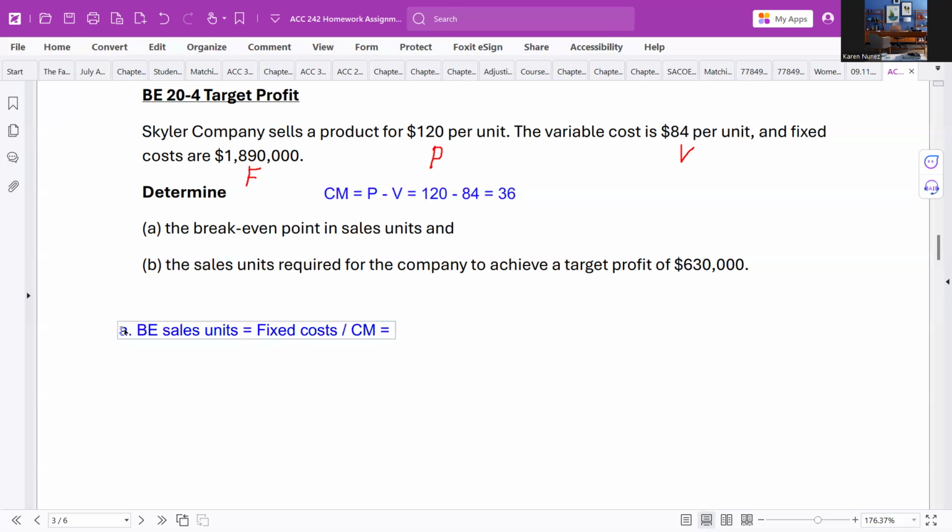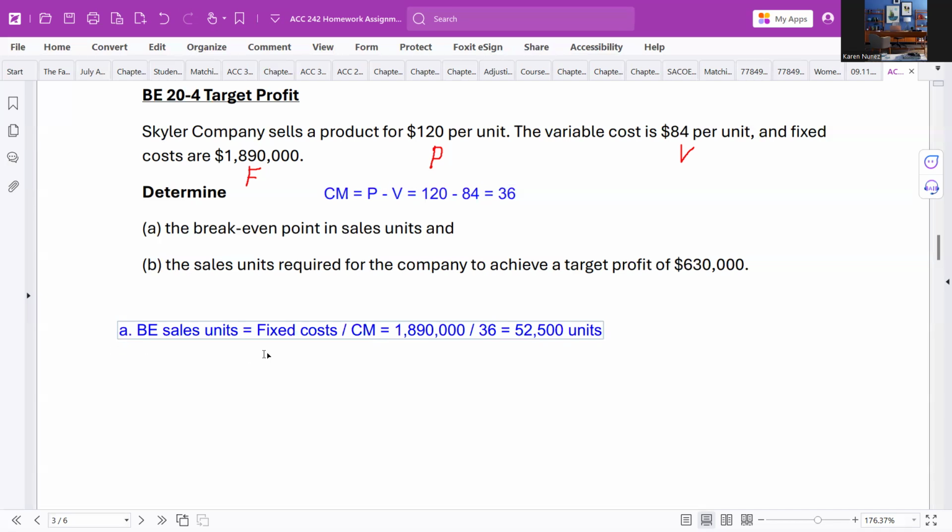So the fixed costs, $1,890,000, we want to divide by the $36 unit contribution margin. They need to sell exactly 52,500 units of product in order to break even. So they will break even when they sell 52,500 units of product.